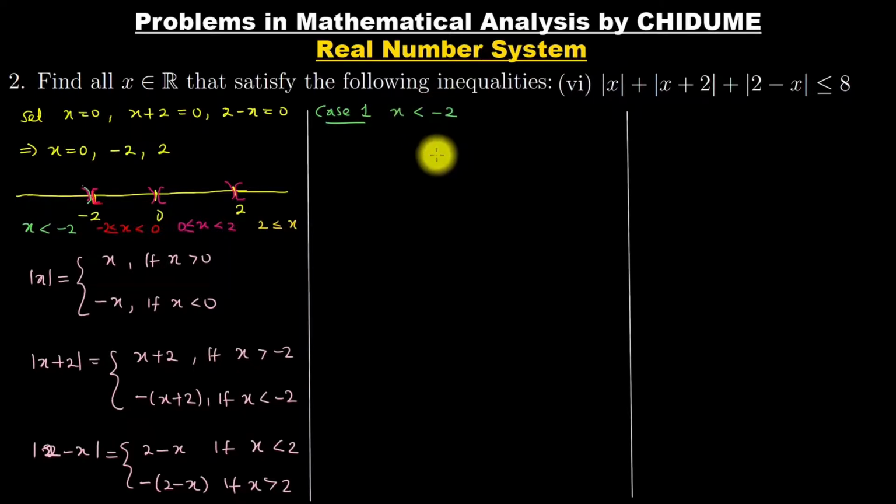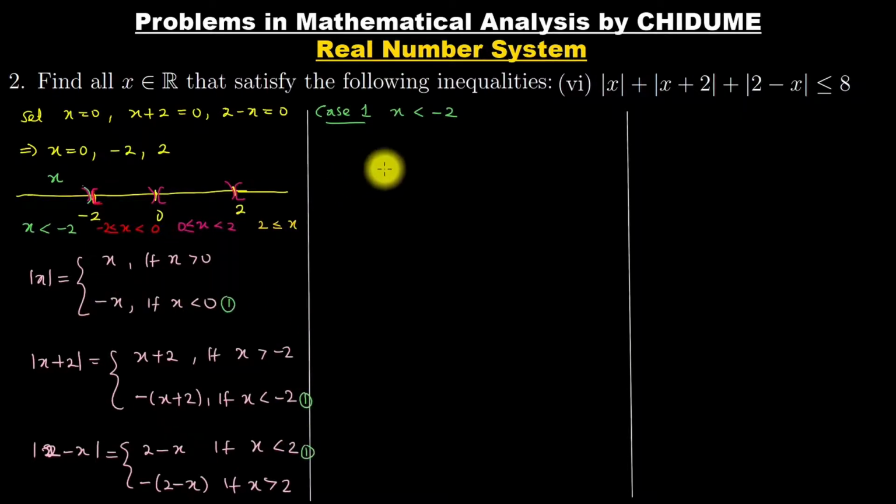So if x is strictly less than negative 2, what happens to the absolute value of x? Obviously x would be less than 0, and x would be less than negative 2, so I will just put this as my first condition here, and x will also be less than 2, so this is also my first condition here.